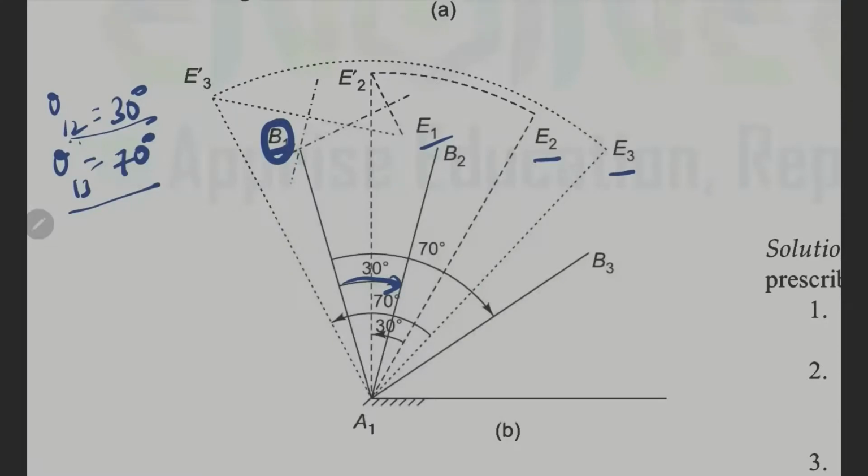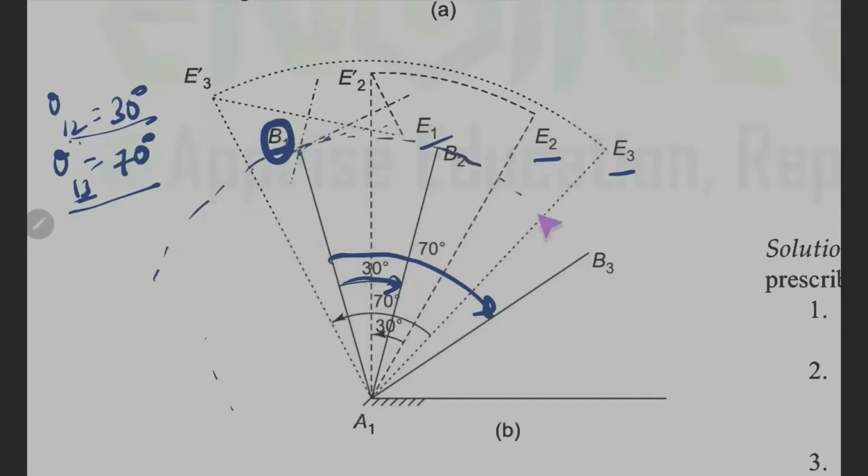And similarly we have to go 70 degrees in order to meet the point B3. So we went 70 degrees. This is B1, and we have to draw the locus of point B1, which is a circle.